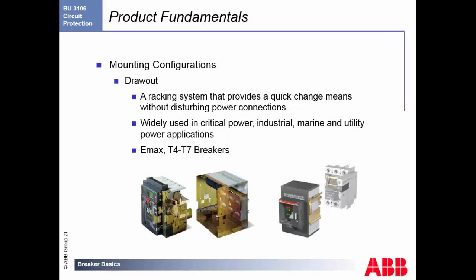We have the mounted configuration of a drawout. This does require the racking system, which means that you have to have the breaker and a cradle, and you must rack the breaker into the cradle where the power is coming in. Again, this is where our isolation walls are very important, because as you have your bus bars carrying the service, 600 volts or what have you, at an extraordinarily high current, this is something you don't want to expose anybody to.